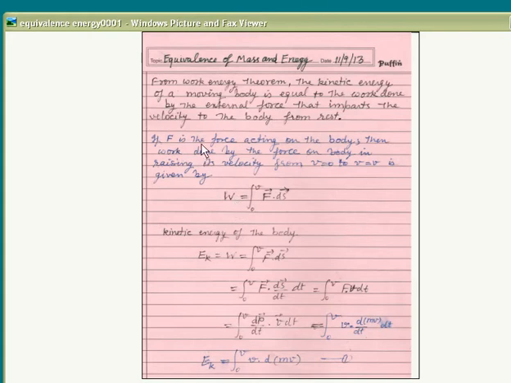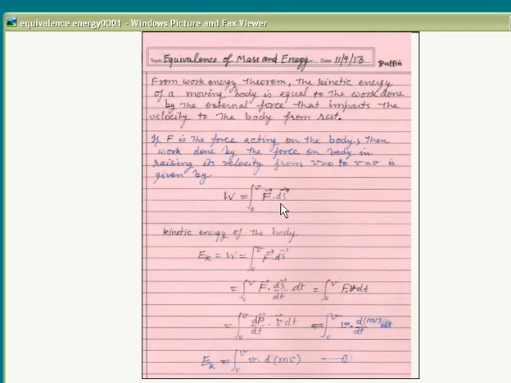So if F is the force acting on that body, then the work done by the force in raising its velocity from 0 to v is defined by this formula, where W is the work done, F is the force acting on that particle externally, and ds is the displacement.